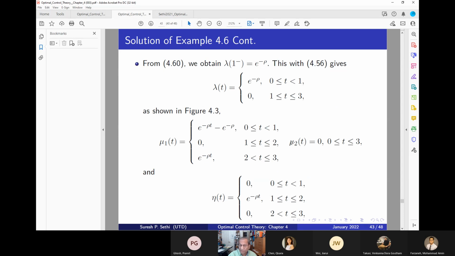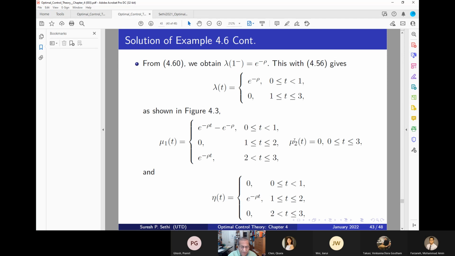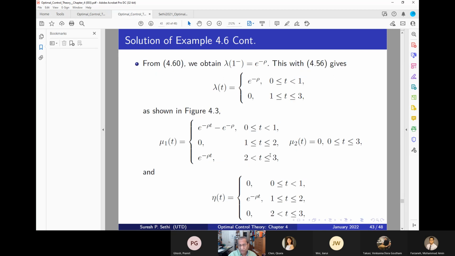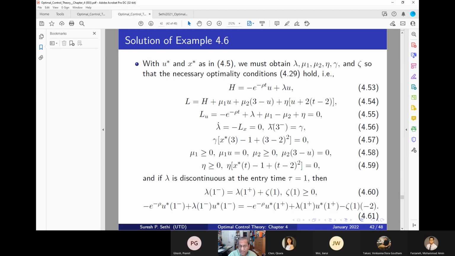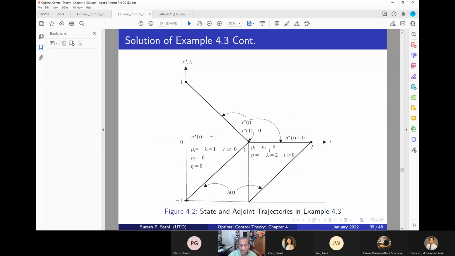and obtain various multipliers. I just want to show you that we basically have the solution and just go one by one, just like we did in the direct maximum principle, and find all of this. I also want to tell you that if you put rho equal to 0, then we will have the indirect multipliers for this problem. And once we have the indirect multipliers, it would be instructive for you to compare them.